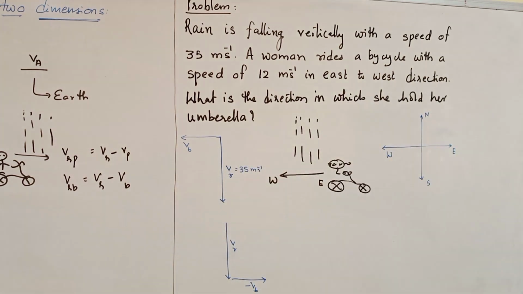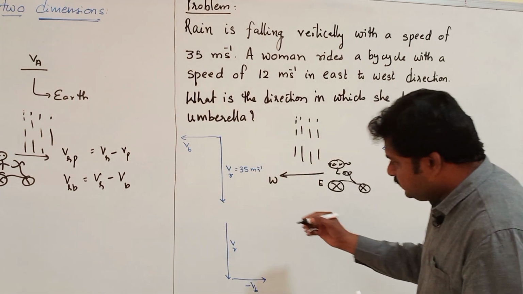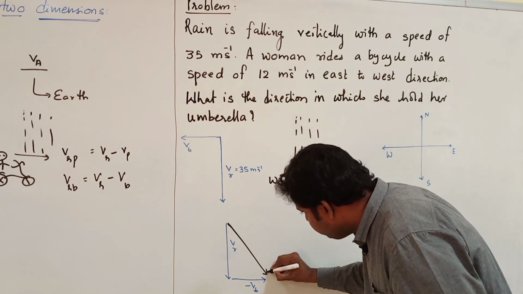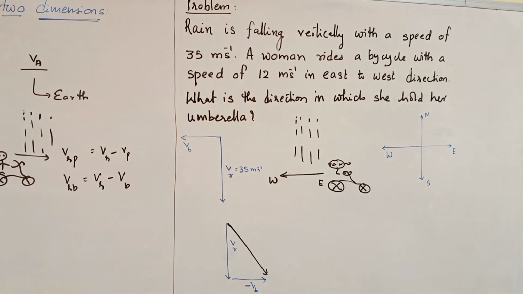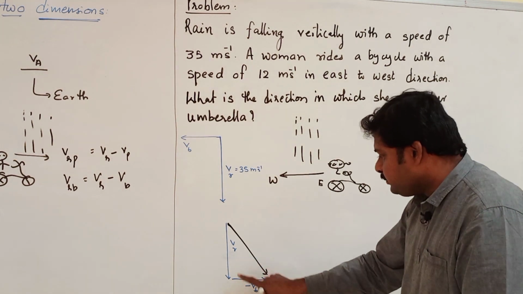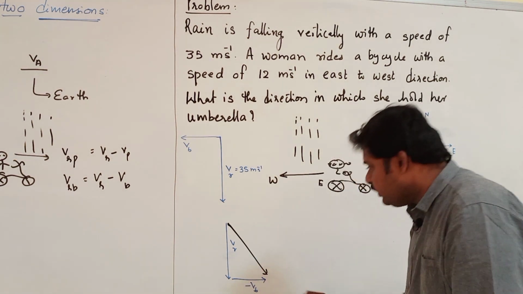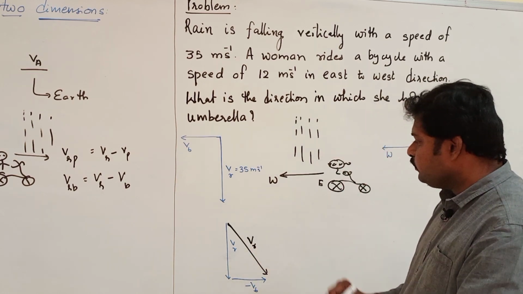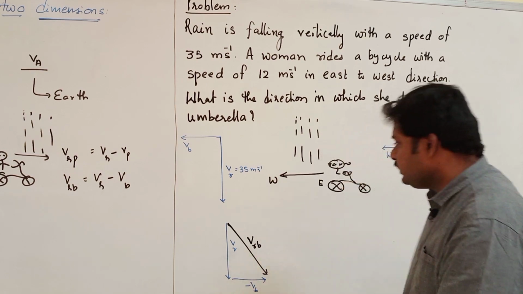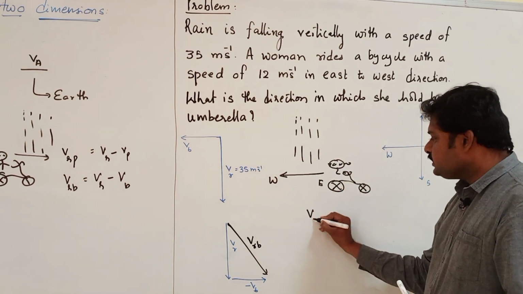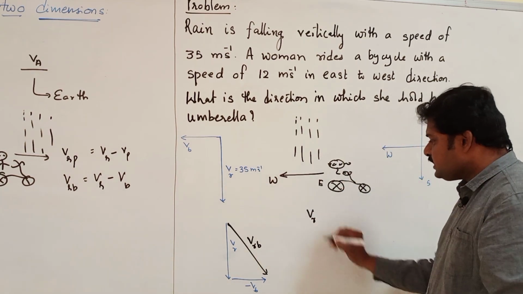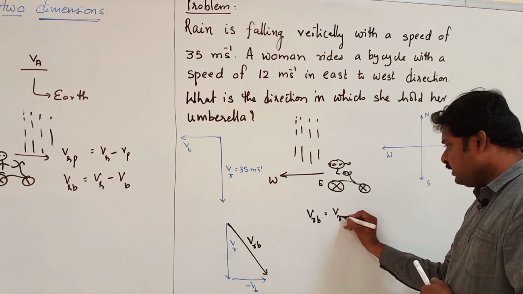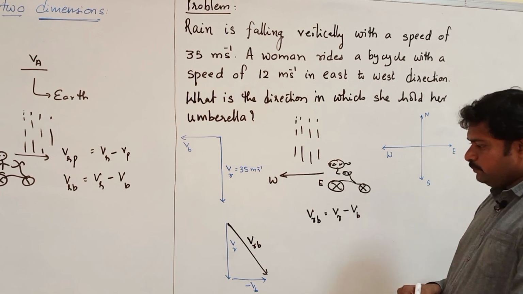Now, how to draw the diagram? This is a combination of vectors. VR plus minus VB is equal to the velocity of rain with respect to the bicycle. What is the meaning of this? Just now we saw that the velocity of rain with respect to the bicycle is equal to VR minus VB.